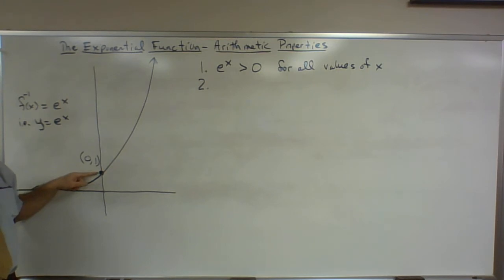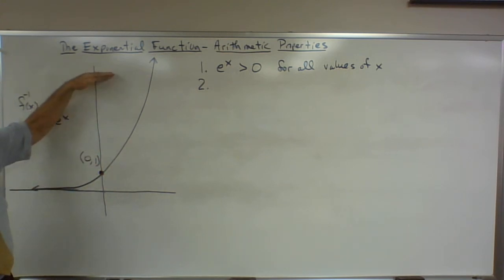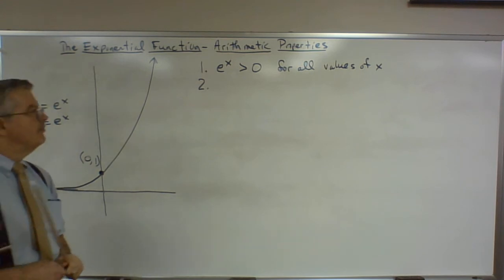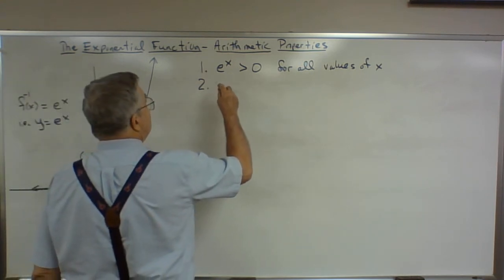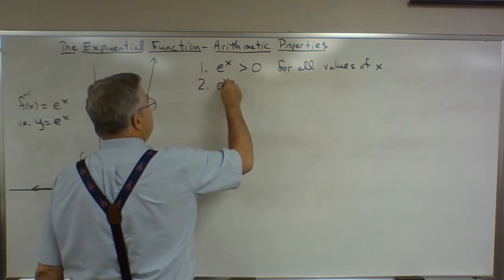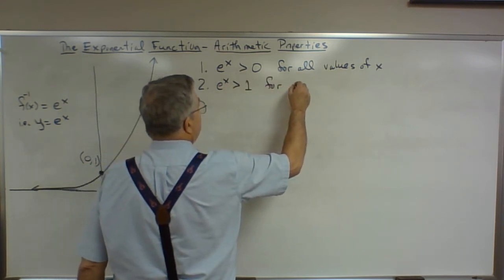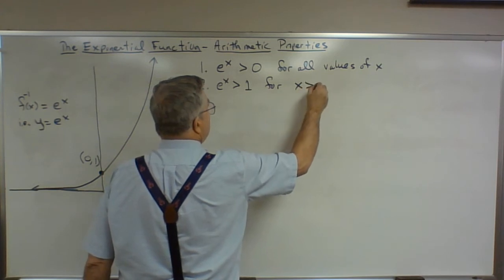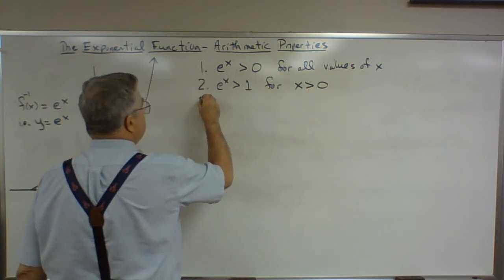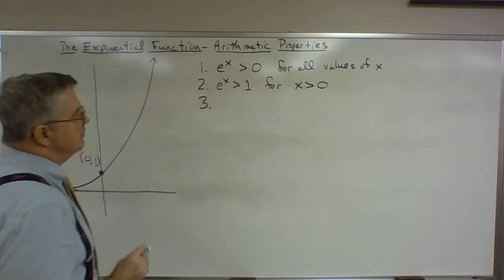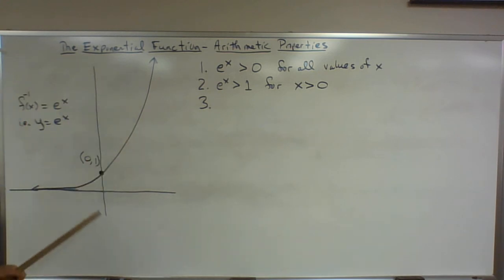This means that if x is greater than 0, then the y value is greater than 1. So we'll say that e to the x is greater than 1 for x greater than 0. So to the right of the y-axis, this graph is greater than 1.